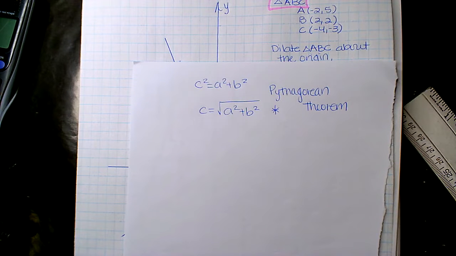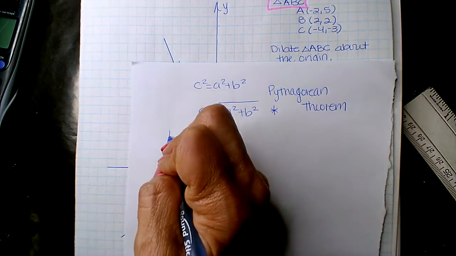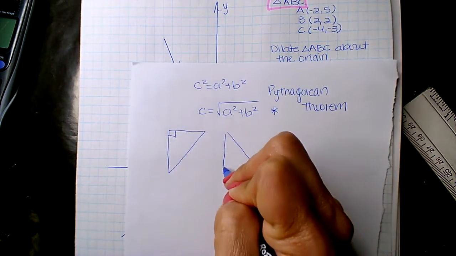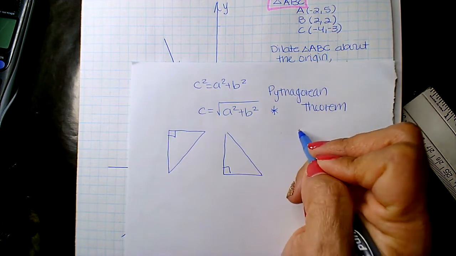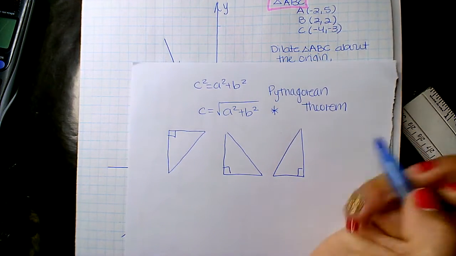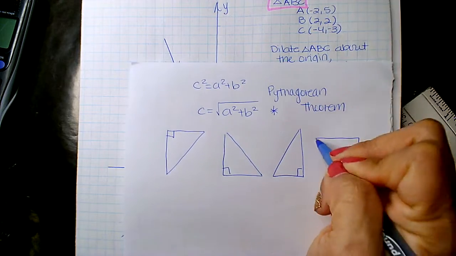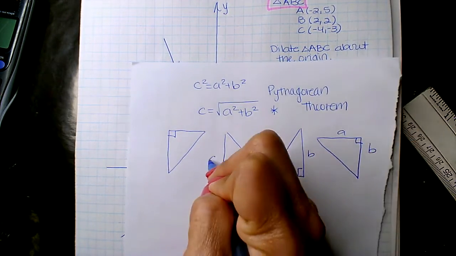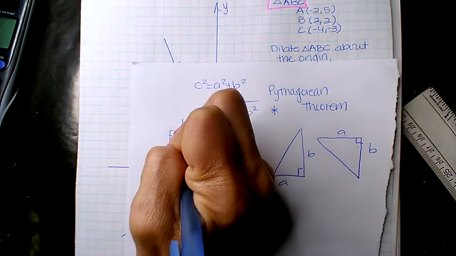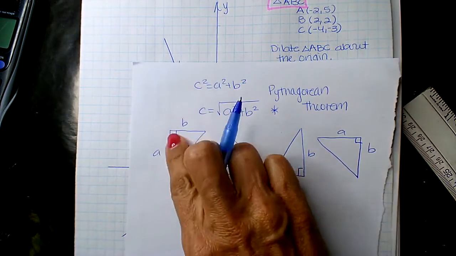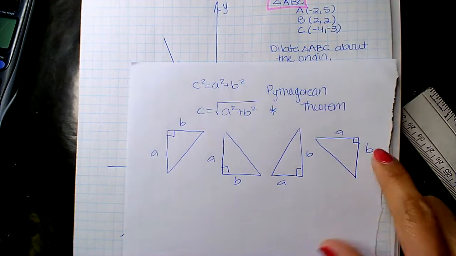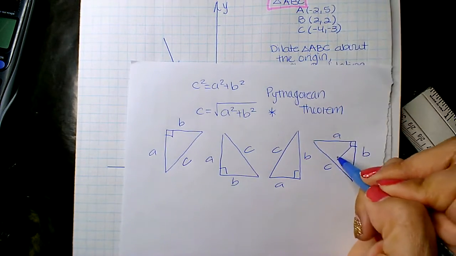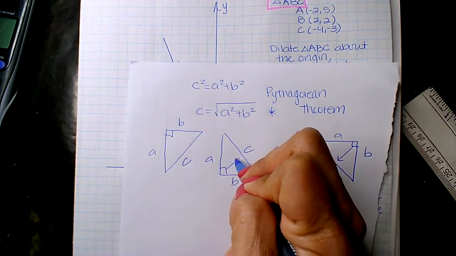Okay, so look. If you remember on a right triangle, when it doesn't matter how it's drawn, your A and B are your legs, meaning they're the ones, see how when they come together, it's the 90 degrees? Your C is always opposite the 90. So see how there's my 90 degrees.